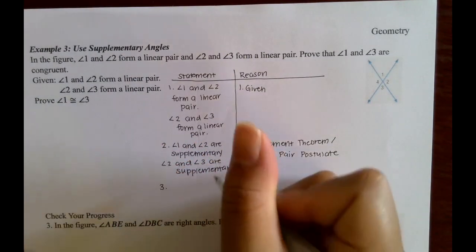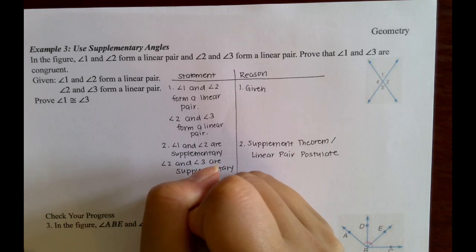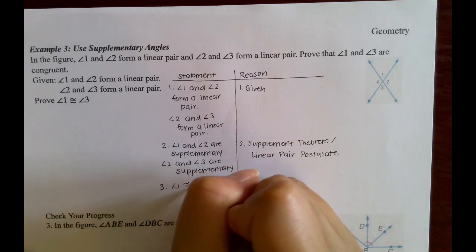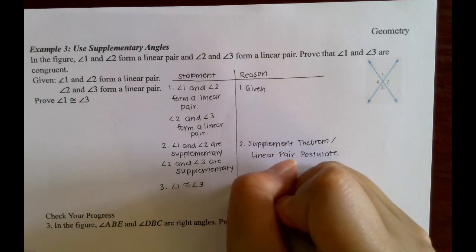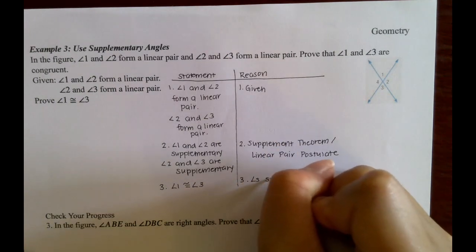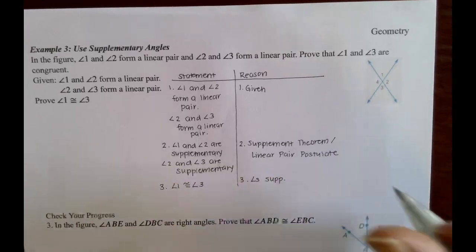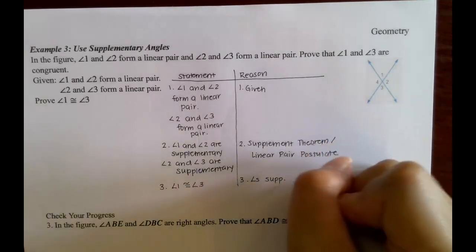Okay, and then lastly, angle 1 is congruent to angle 3, and that is what I said earlier, that angles supplementary to the same angle are congruent.